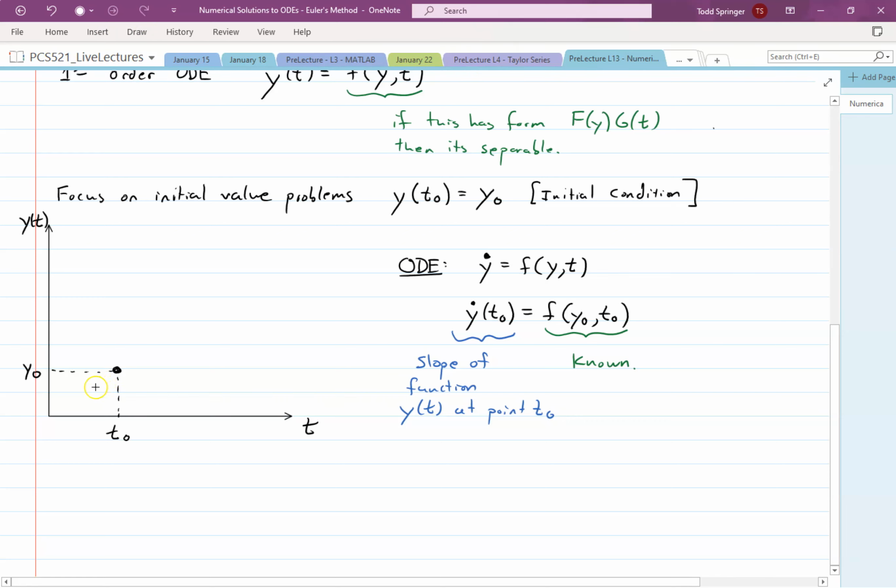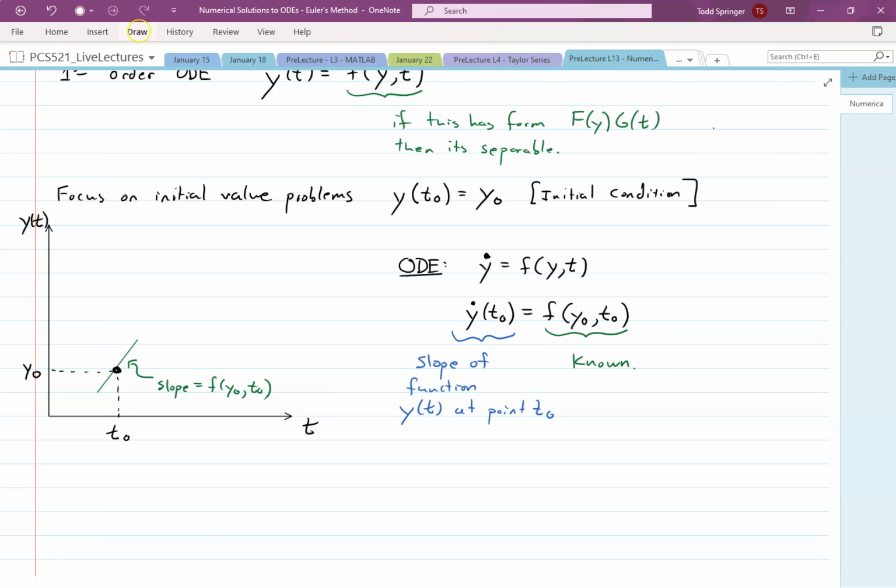So I know the slope of this, maybe it's like this. Okay. So this green line here has a slope equal to f of y0, t0, where f is the thing on the other side of the ODE. F is this. Okay. So maybe I want to figure out what is y at a later time. What could you do?